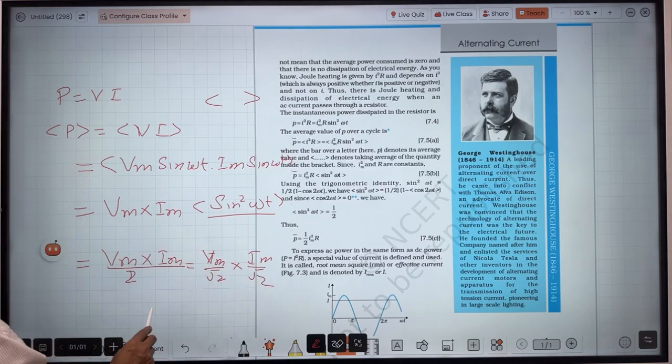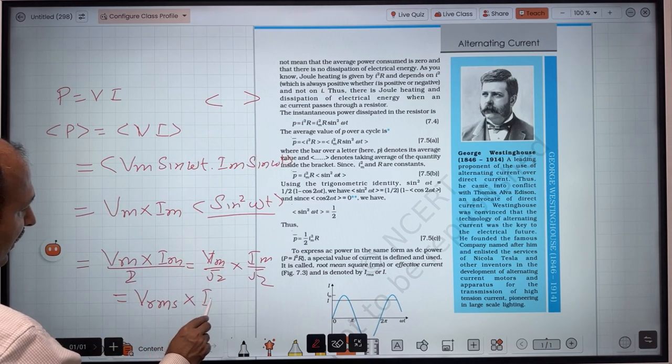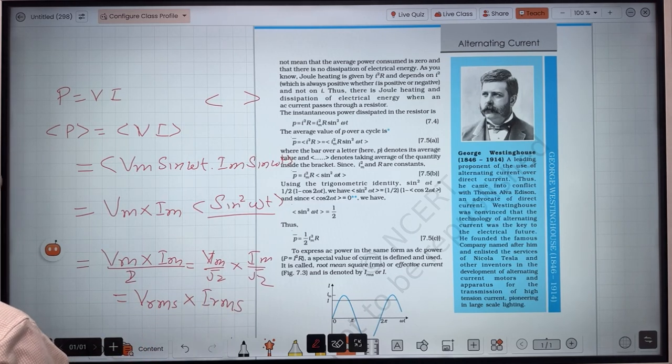And Vm upon root 2 is called VRMS, the root mean square voltage, and this is IRMS. So the power consumed in an AC circuit containing resistance only is given by VRMS into IRMS. Right?